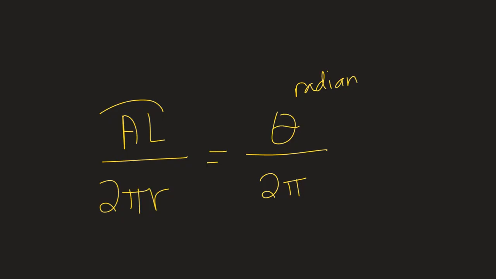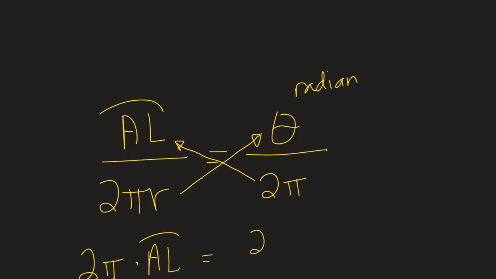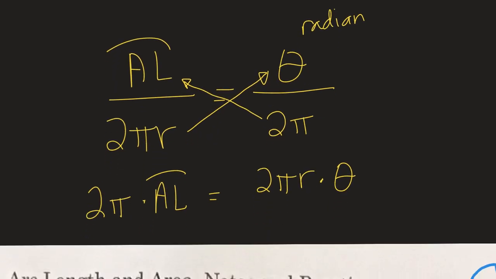So what happens if we solve this? We're going to cross multiply real quick, because we're going to come up with a real simple formula. 2 pi times the arc length equals 2 pi r times the radian angle measure. What happens if I divide both sides by 2 pi?